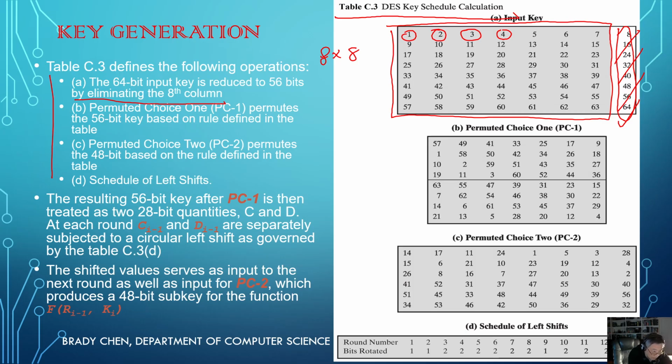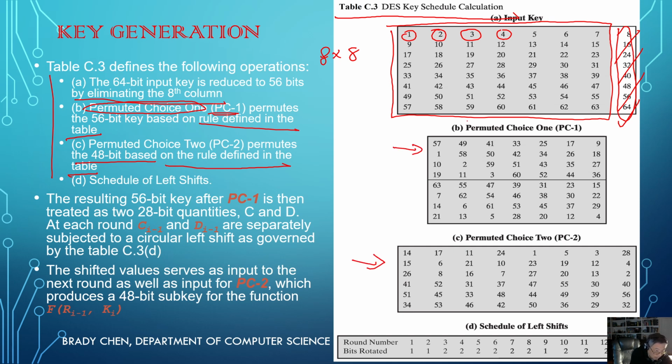And the second one, we define the permuted choice 1, which we also call PC-1, permutes the 56-bit key based on the rule defined in the table. And then we have permuted choice 2, which basically permutes the 48 bits based on the rule also defined in the table on the right.